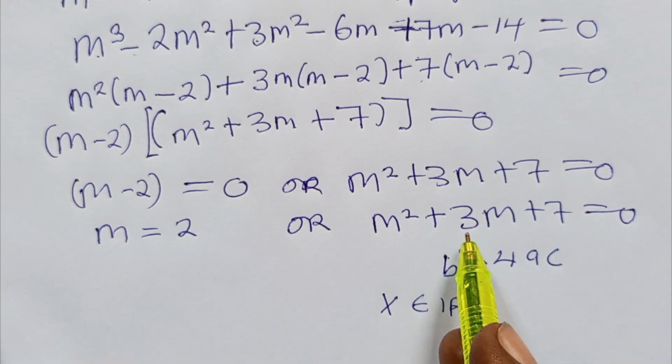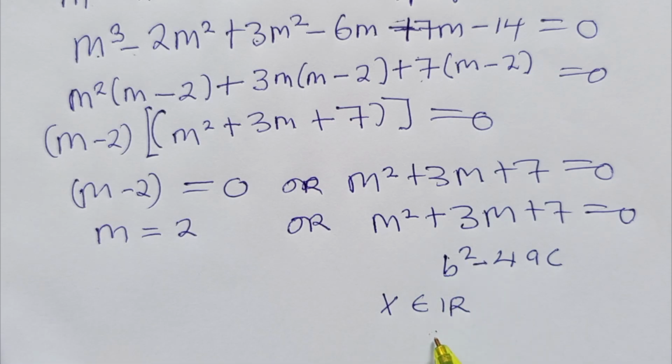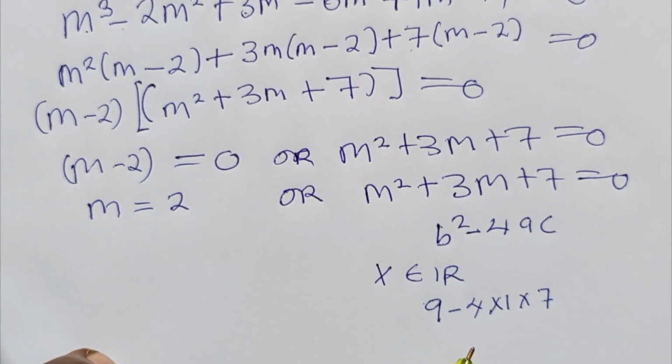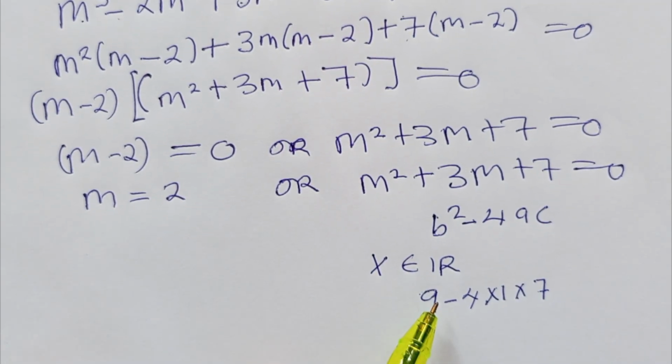Our b squared is 3 squared, which is 9, minus 4 times our a, which is 1, times our c, which is 7. Is it going to be greater or less than 0?